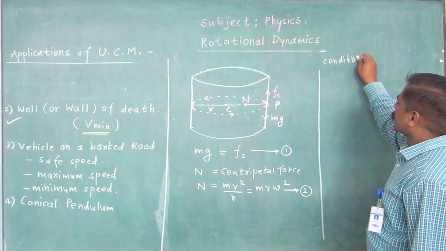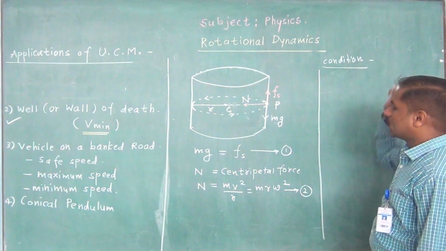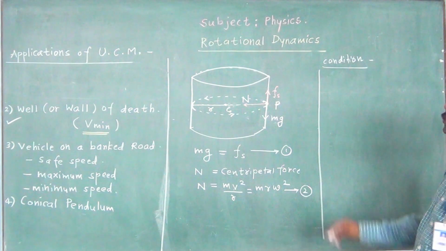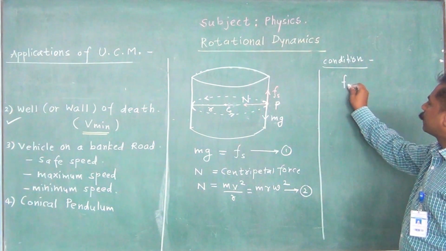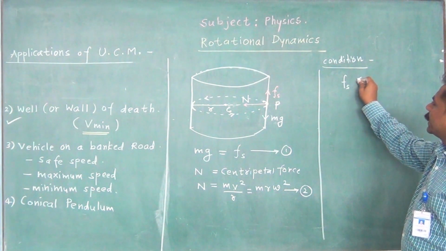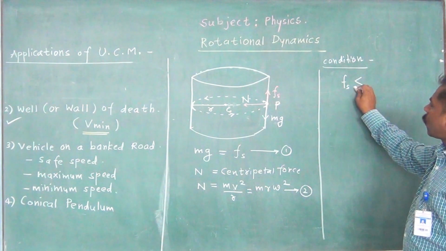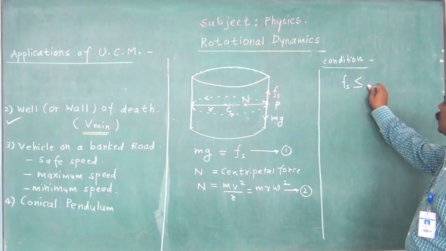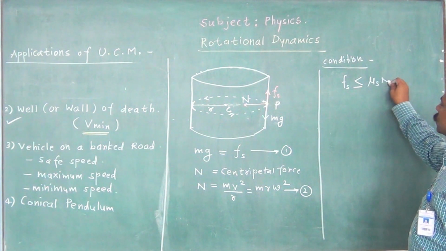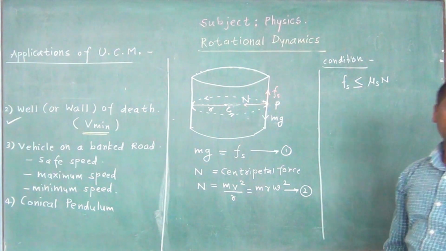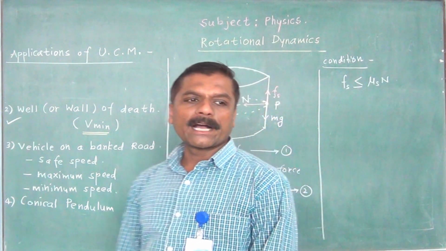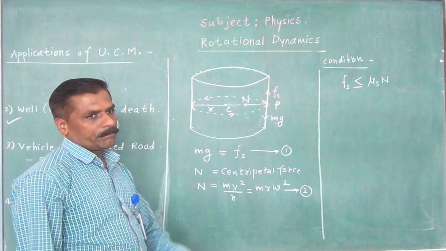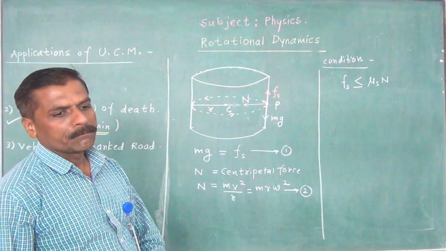This static force of friction must be less than or equal to mu s into N. By using this condition, we can find out the V minimum.